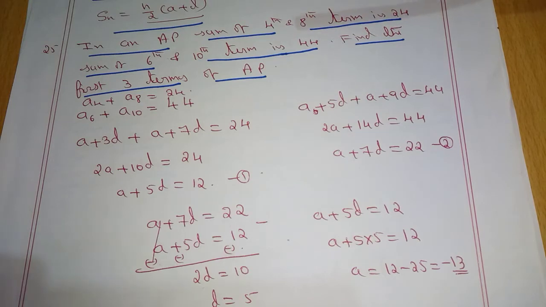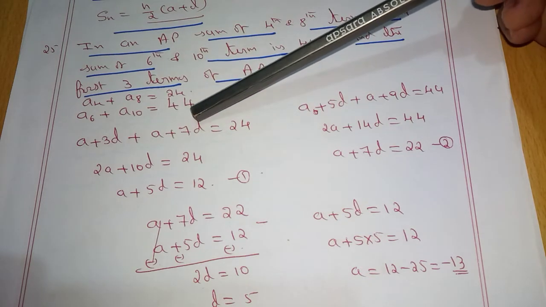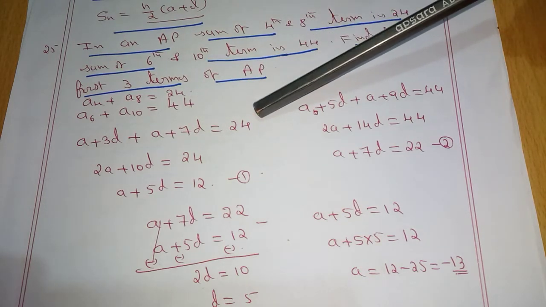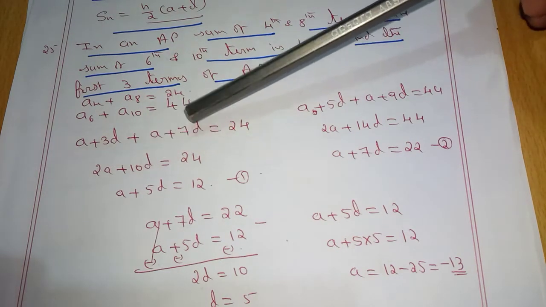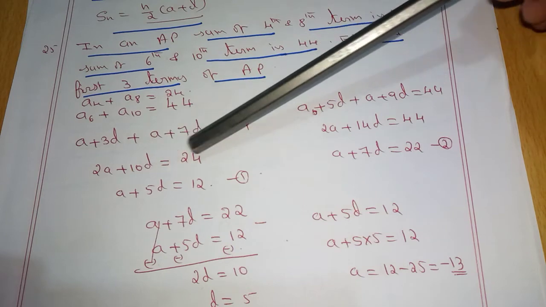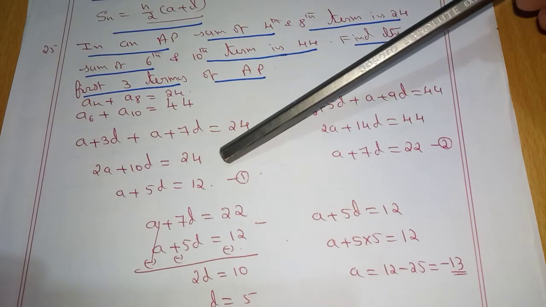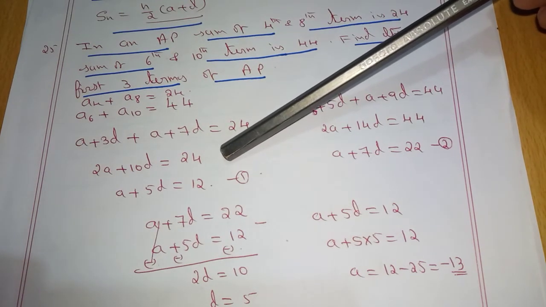Now using the AN formula, write A4 as A plus 3D and A8 as A plus 7D, is equal to how much? 24. Two A plus 7 plus 3, 10D is equal to 24. 2A plus 10D is equal to 24.